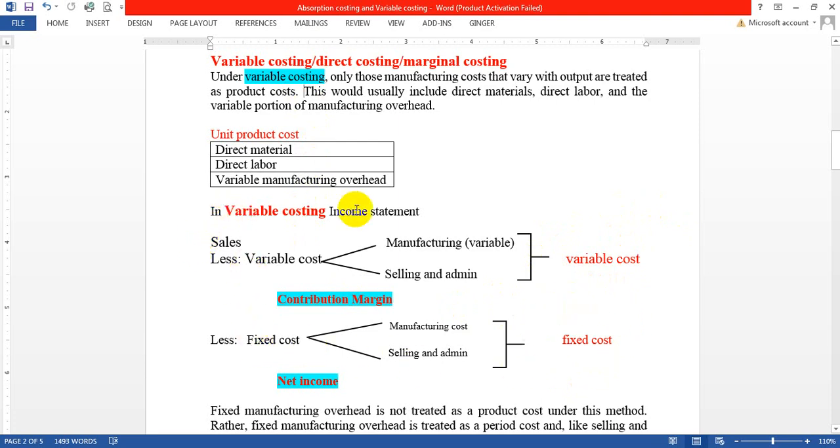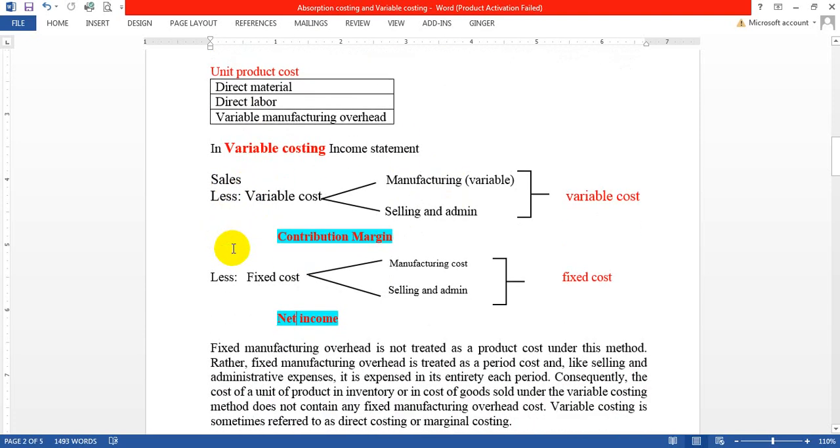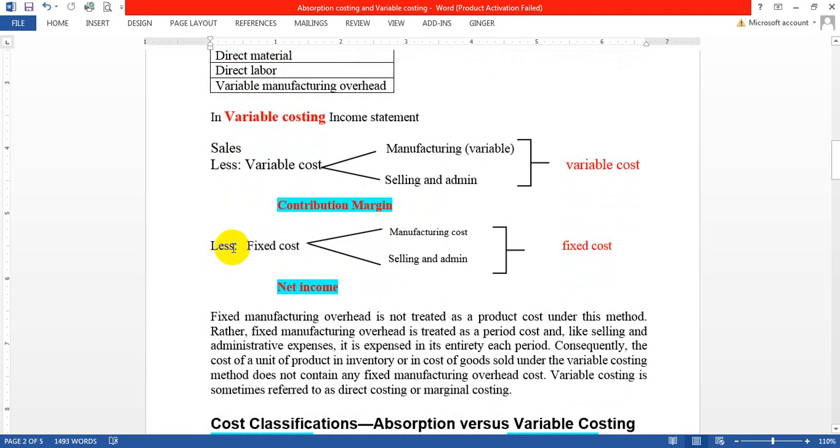In variable costing, if we want to calculate the net income, we must prepare the contribution format income statement. How it is prepared, we have discussed in our cost volume profit relationship chapter, where we prepare the contribution income statement. Sales less variable cost.